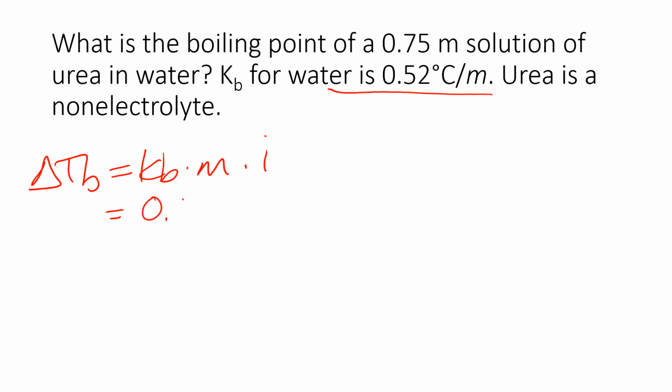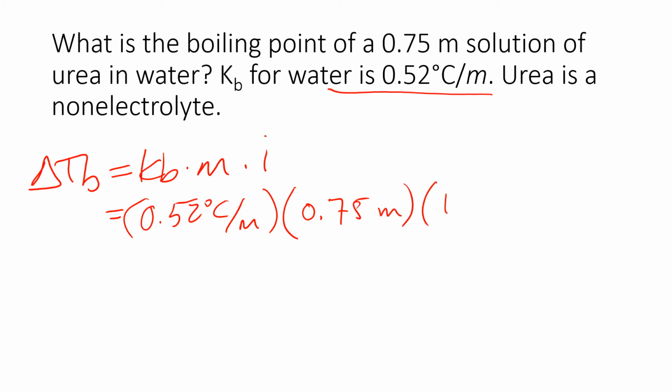KB is 0.52 degrees Celsius over m, times your molality, times 1 because it's a non-electrolyte. So 0.52 times 0.75 times 1, 0.39 degrees Celsius.